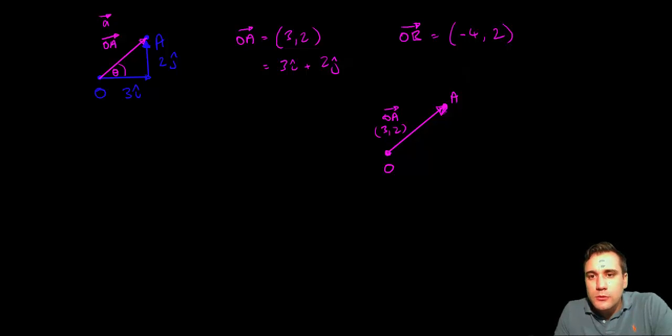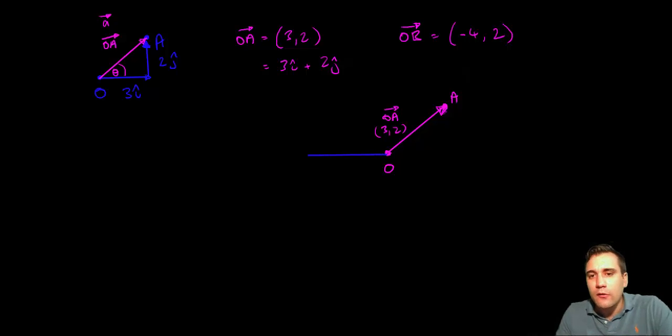So -4 and 2. Well, -4 is off in this direction, isn't it? So let's do it in a different color, just so you can enjoy the different color. Let's say that's -4, because we're going off to the left in the i direction, right?